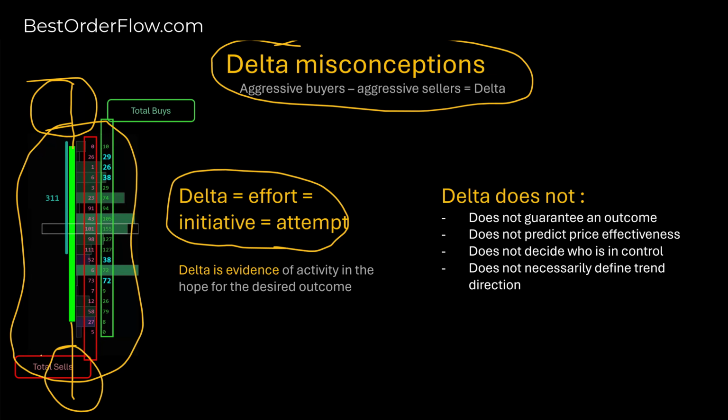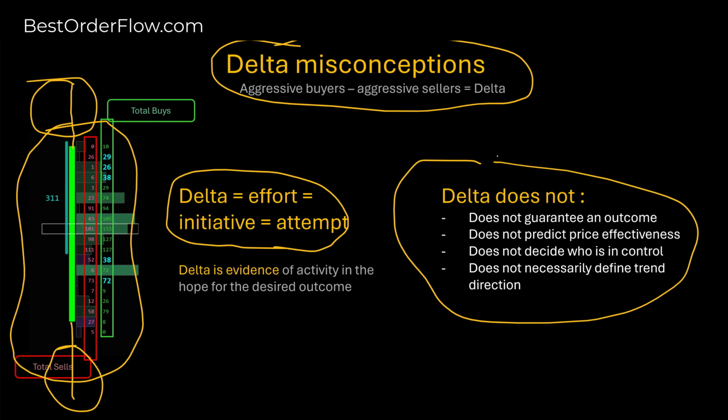In that sense, delta does not, as many people are going to tell you in their simplified version, but I don't want you to be simplified. I want you to be refined. So delta does not guarantee an outcome. It shows you attempt, it does not predict the price effectiveness. That means the price will not necessarily move in that direction when the delta is intended at this point in time.